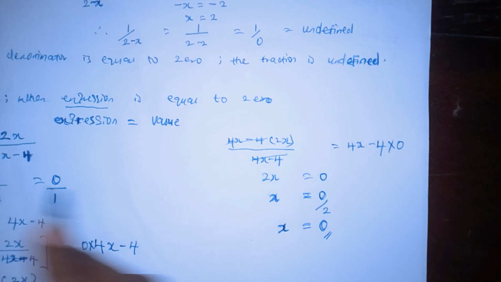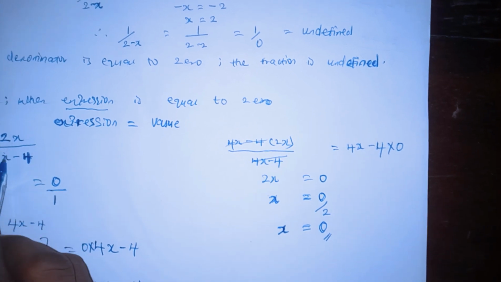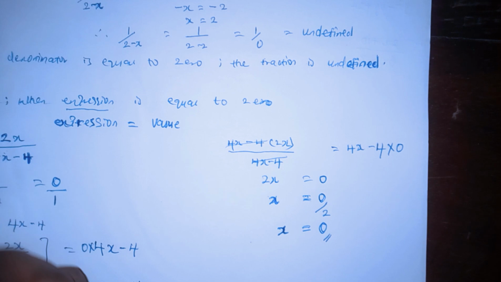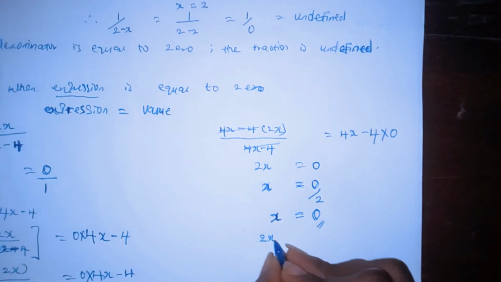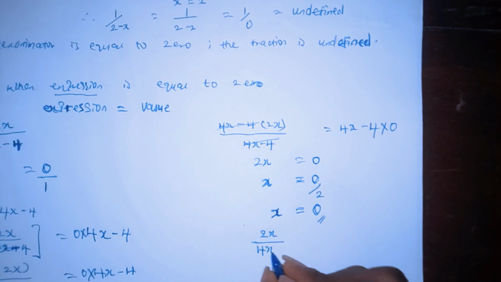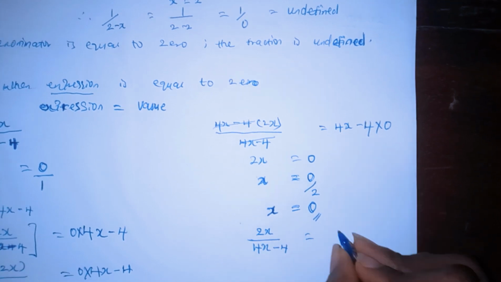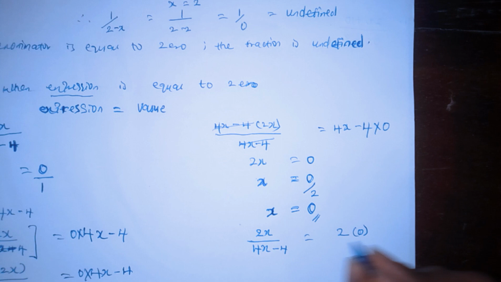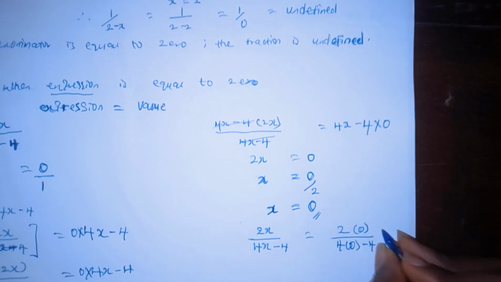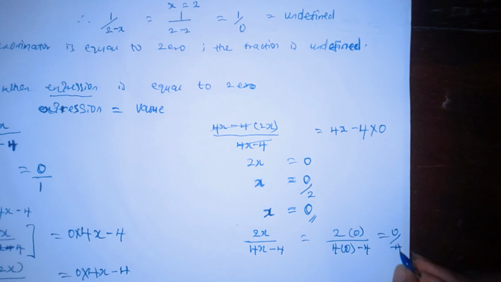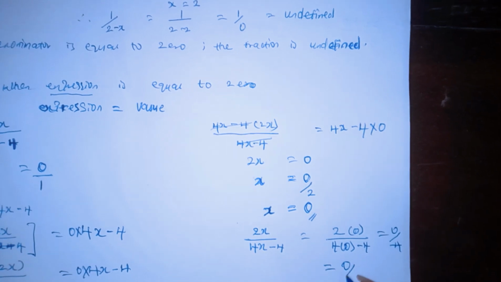That means whenever you put 0 into this equation, 2x over 4x minus 4, put 0, it will be 0 over 4 times 0 minus 4, which is equal to 0 over minus 4, which is equal to 0.